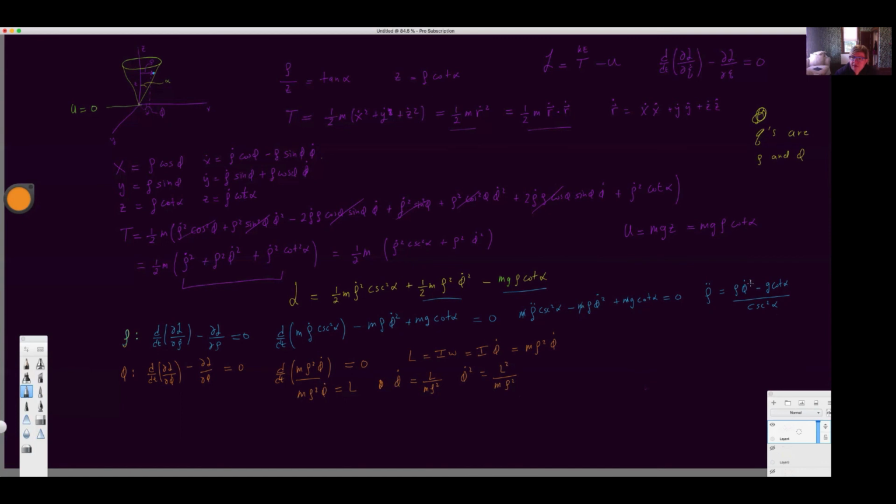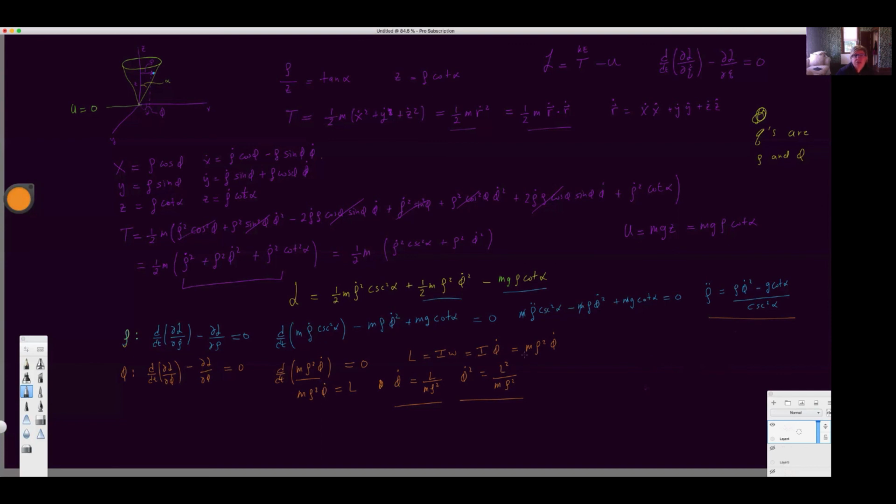Now I could put that in here, and I could go through and put this into a computer or whatever I need to do to find rho of t. Remember that once we get to the differential equation stage, like this, we are done, because you can either solve it on paper or stick it into a computer.